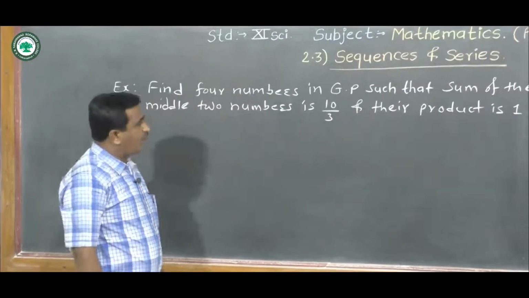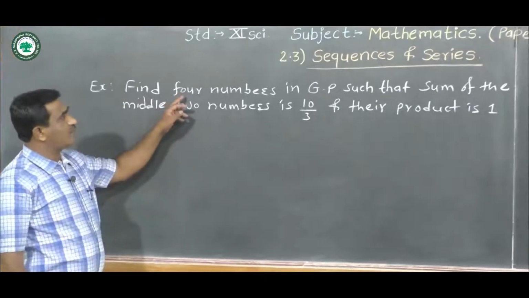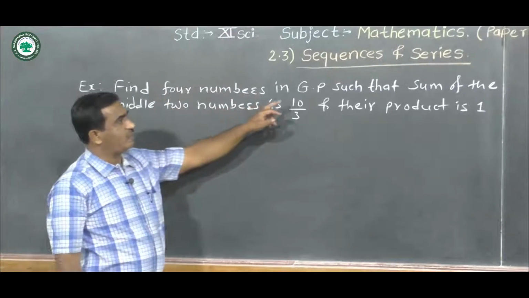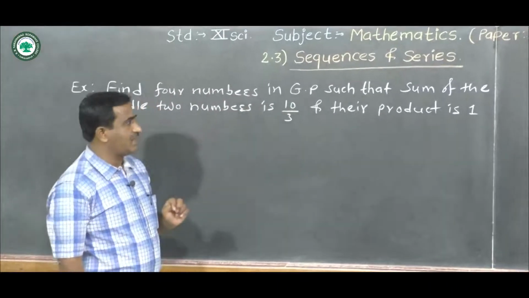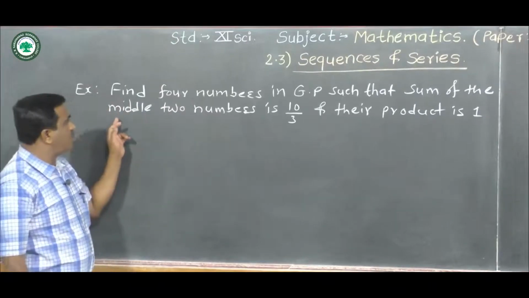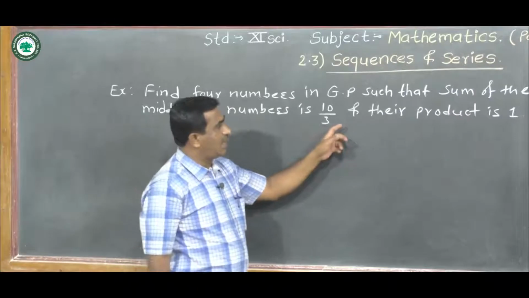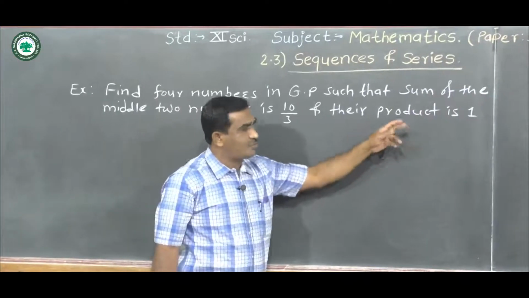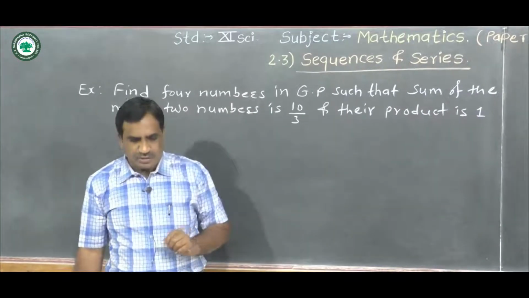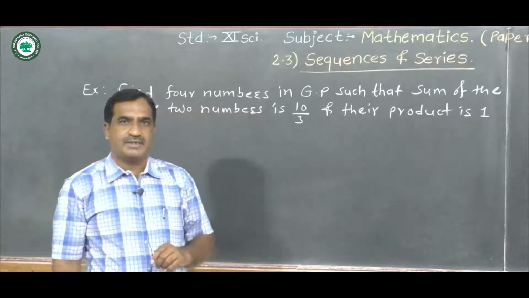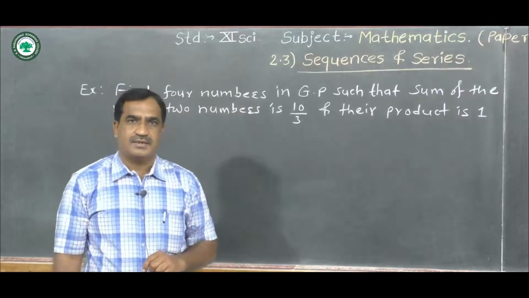Okay, now we have to find the four terms or four numbers in geometric progression, and given conditions are: sum of the middle two numbers is 10 by 3 and product of all four terms is equal to 1. Using these two conditions we have to find the four numbers in GP.